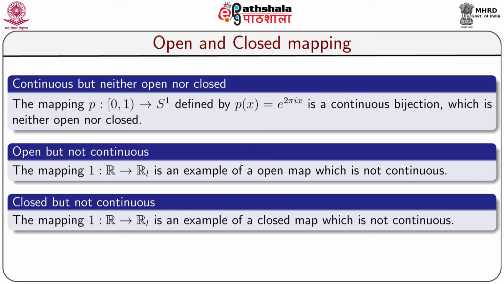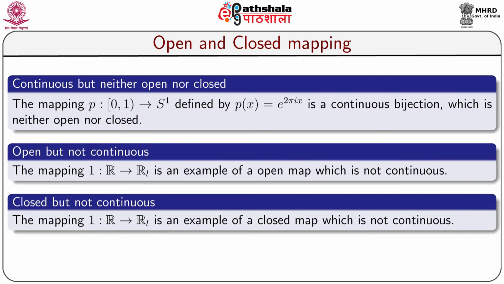In fact, if we consider the set [0, 1/4), 0 closed, 1/4 open, this is an open set in the subspace topology of [0,1), but its image in S1 is an arc whose one side is closed. So, that is not open. So, this mapping is not an open mapping. We can easily verify that this mapping is also not a closed mapping.